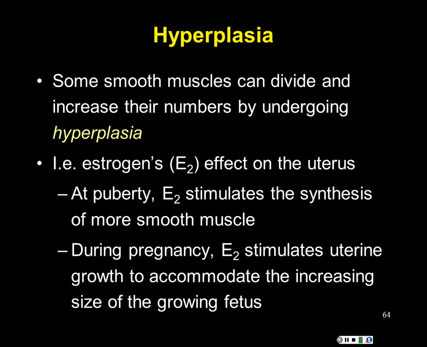So smooth muscles can increase numbers, and then obviously they would increase size as well. So they go hyperplasia and what? Hyperplasia, once they divide, they need to grow. So hyperplasia and hypertrophy. Very good. This is a difficult one to get through.